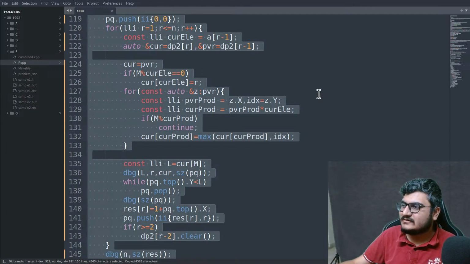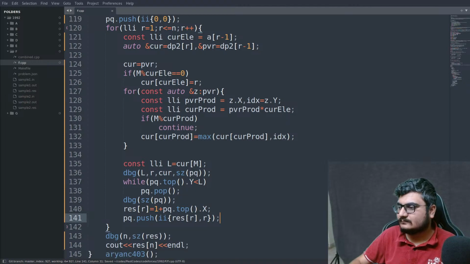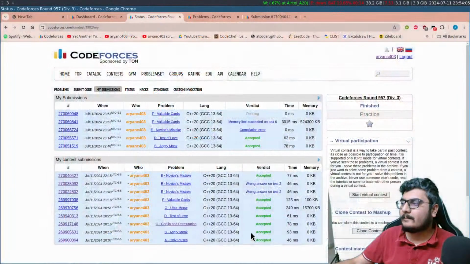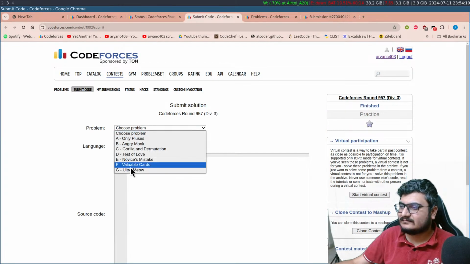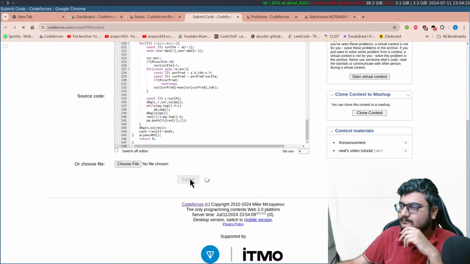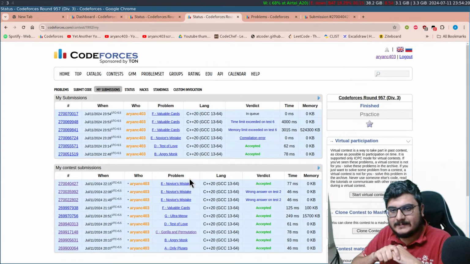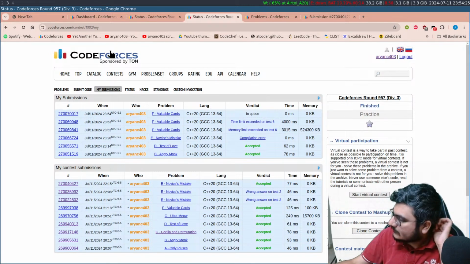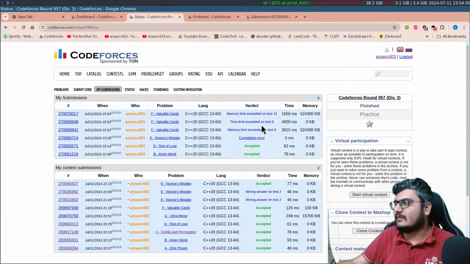Otherwise, the solution is n square, which makes no sense. This will get a TLE. This should be fine. Wait, why, man?